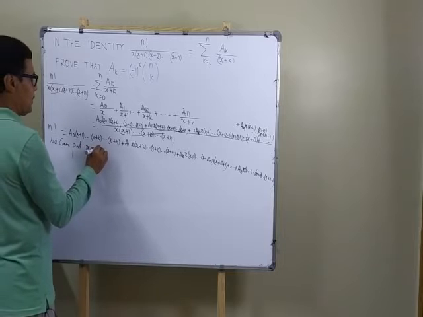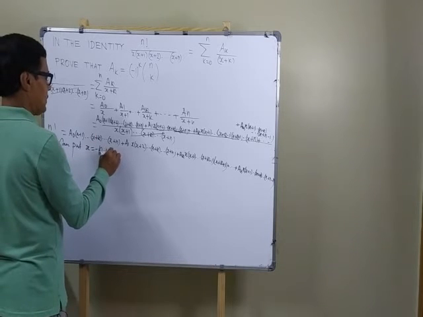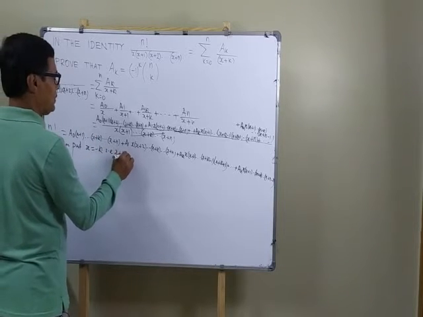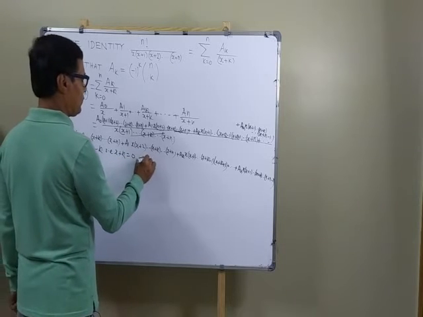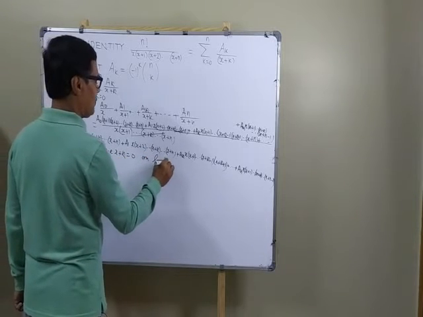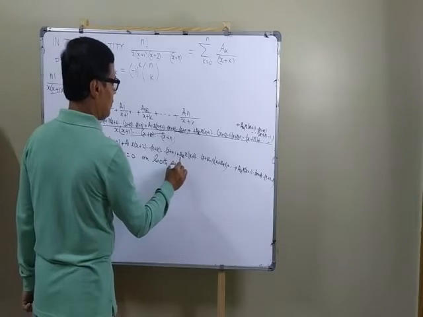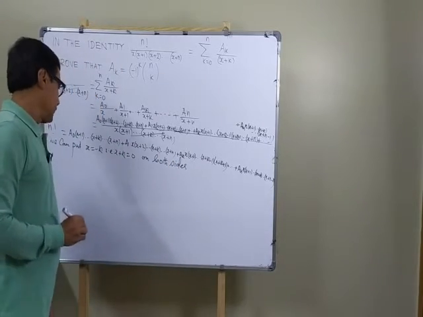So we put x equal to minus k, that is x plus k equal to 0, on both sides.